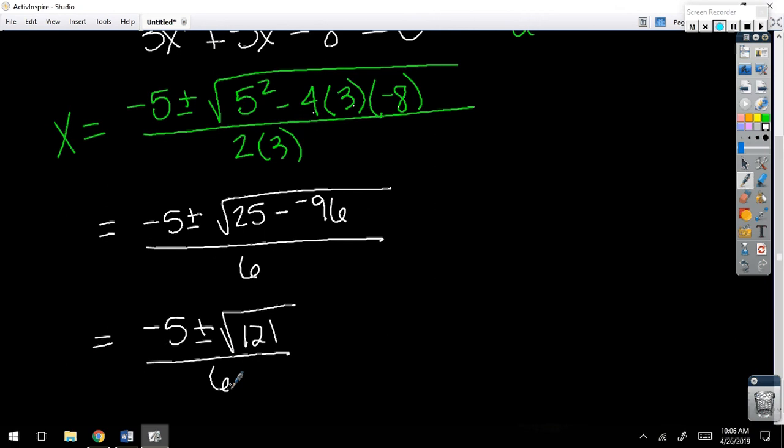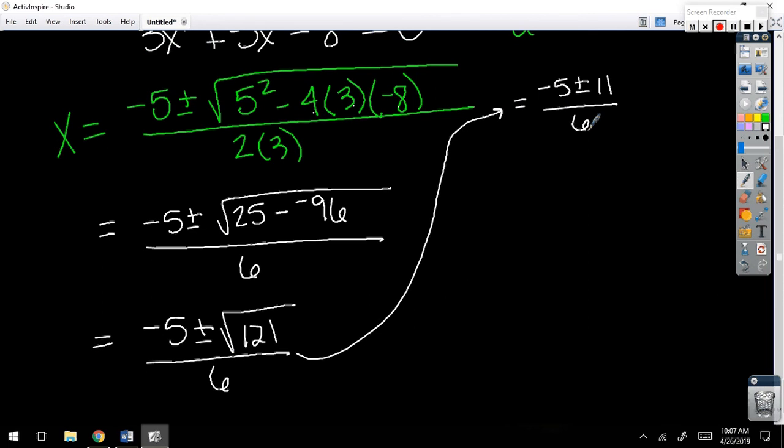We're still working on that radical. What's the square root of 121? 11. So I've got negative 5 plus or minus 11 over 6.